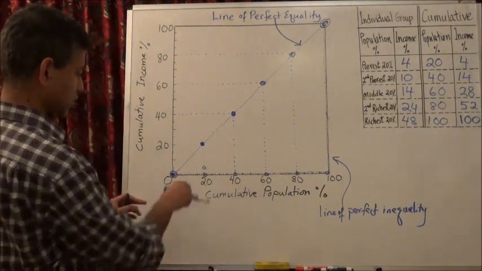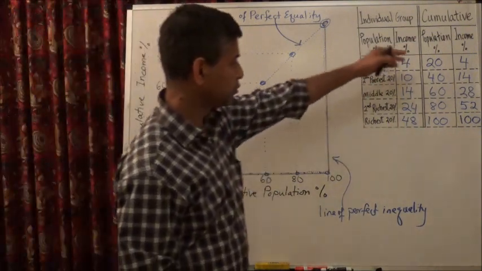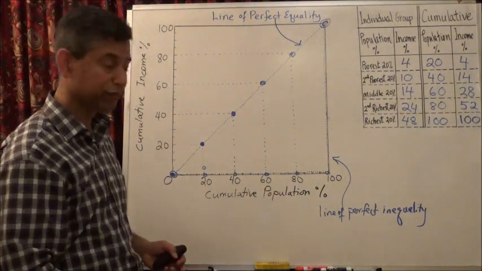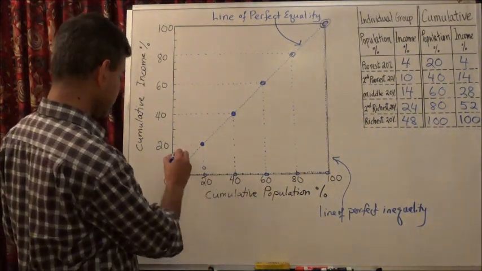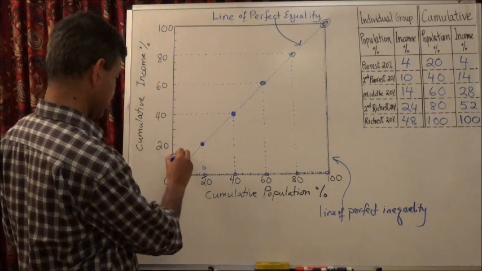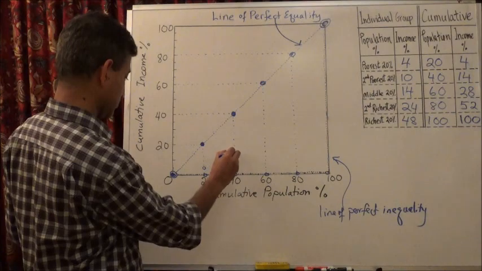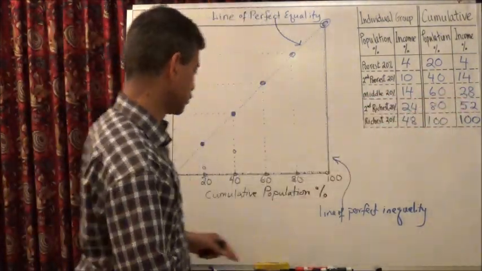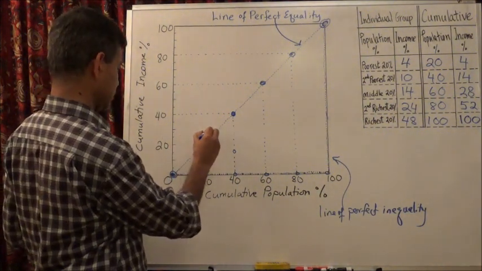It's roughly about there. Then when we have cumulatively seen 40% of the population, we will have seen cumulatively 14% of the income, and 14 is somewhere there. And then 60% of the population accounting for 28% of the income. 28 is right about there.